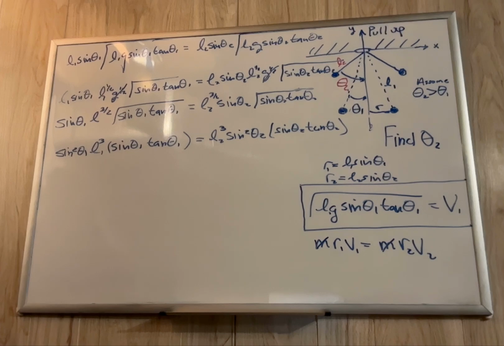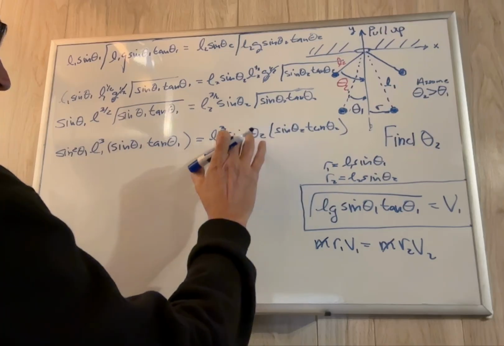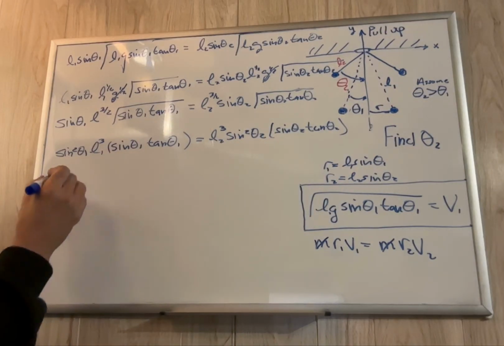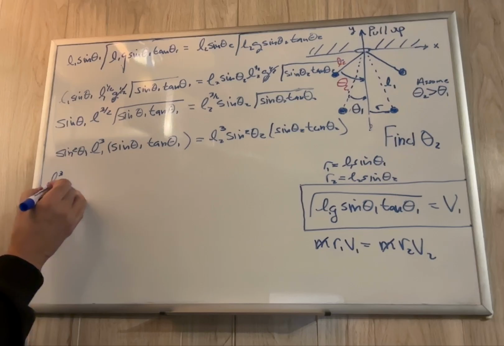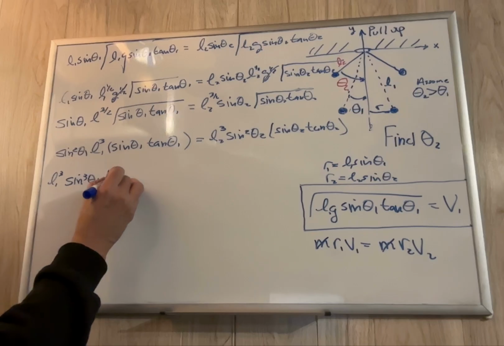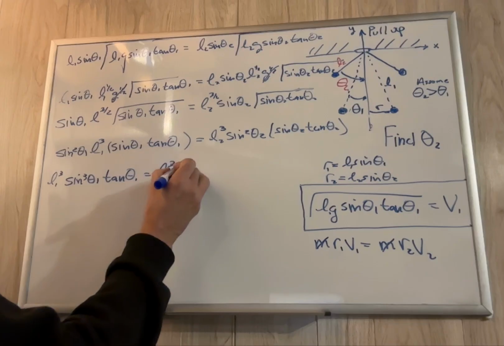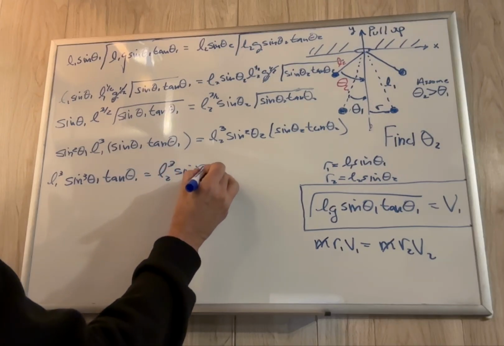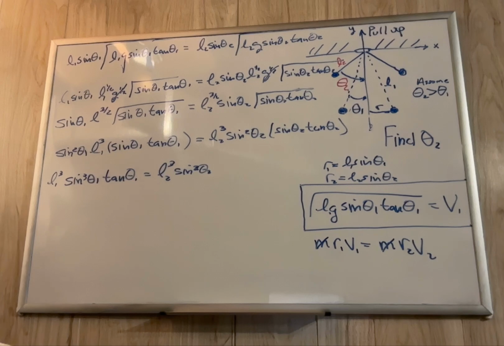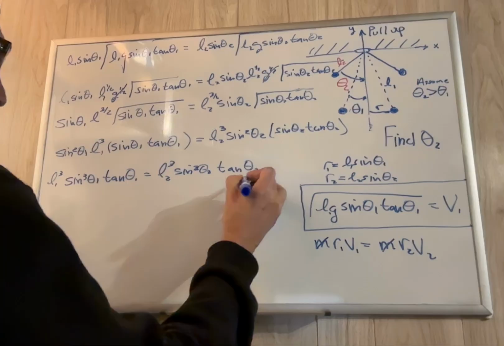All right, so we're going to end up with sine cubed, right? Because we're going to have a sine times a sine. That's going to be cubed. We're going to have a sine times another sine over here. That's going to be cubed. So it's going to end up being L1 cubed times sine cubed theta 1 times tangent theta 1 is going to equal L2 cubed sine cubed theta 2 tangent theta 2.